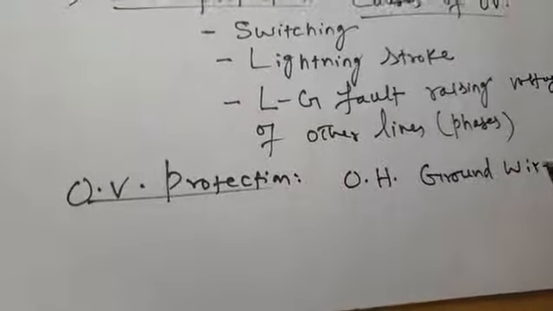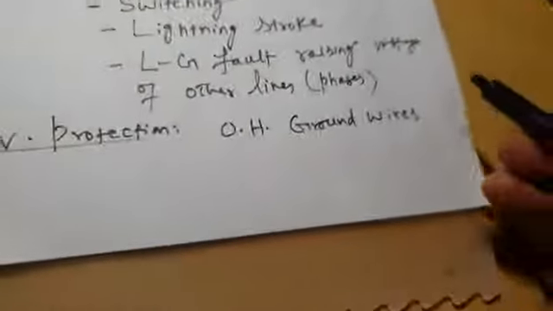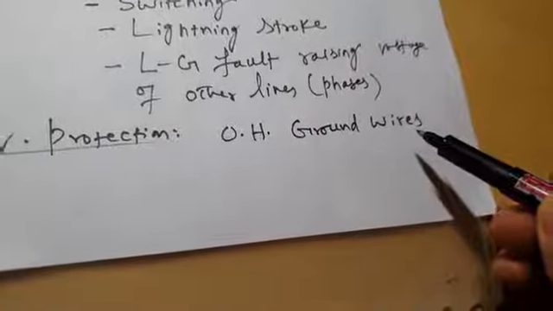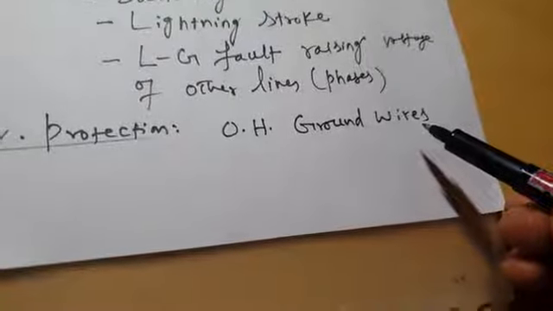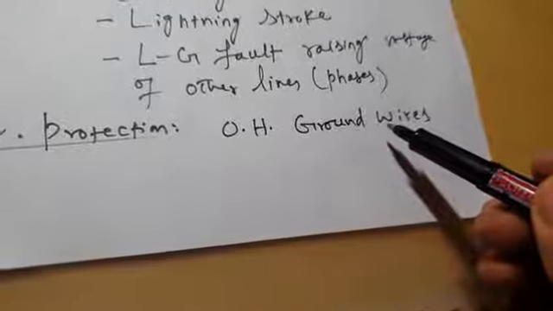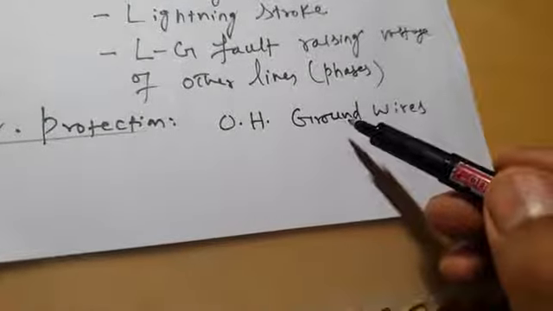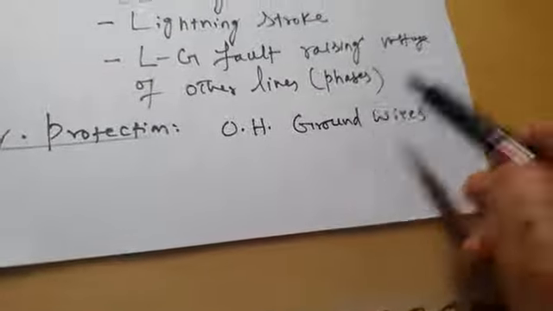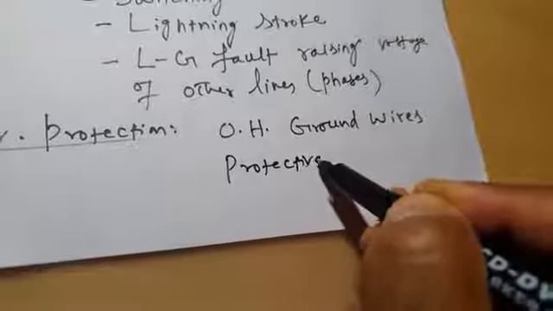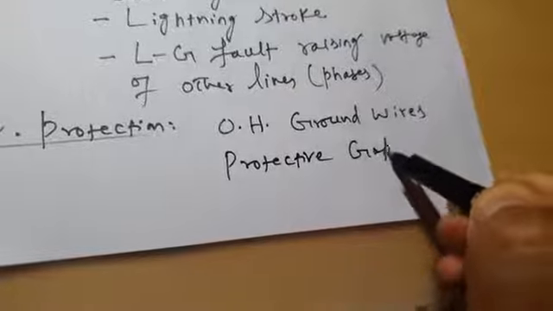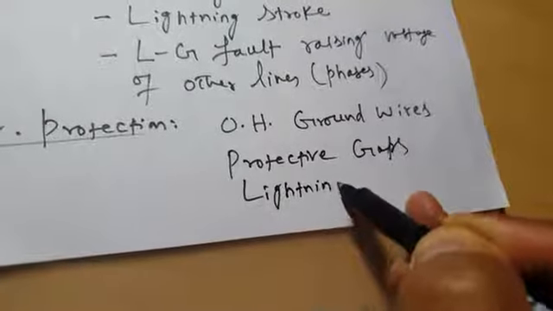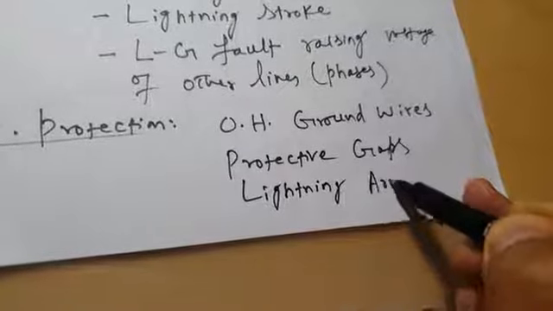Your transmission tower carries an overhead ground wire, a wire which is grounded, and whenever a lightning strike is there, the energy of the lightning strike is arrested by this overhead ground wire and it is grounded. Second is by providing what we call protective gaps, and third is by providing lightning arrestors.